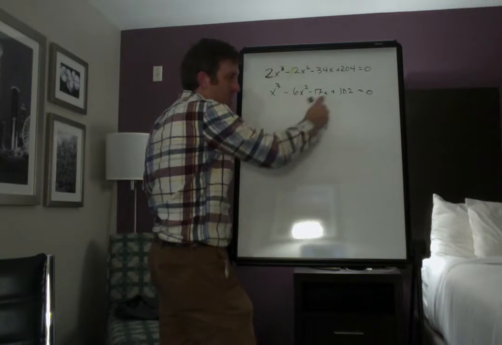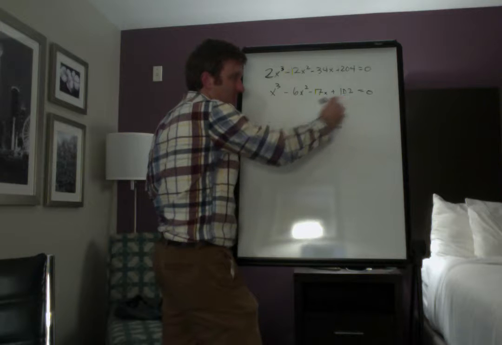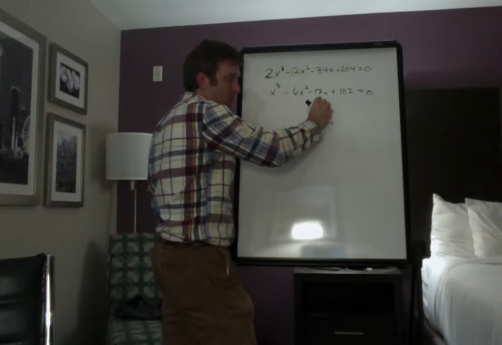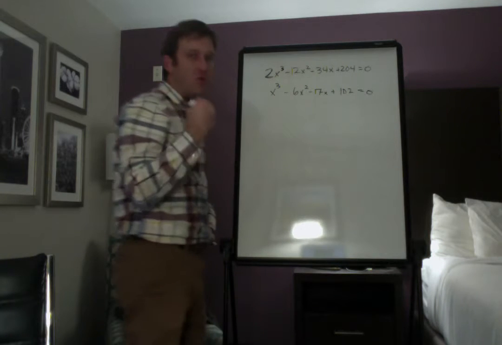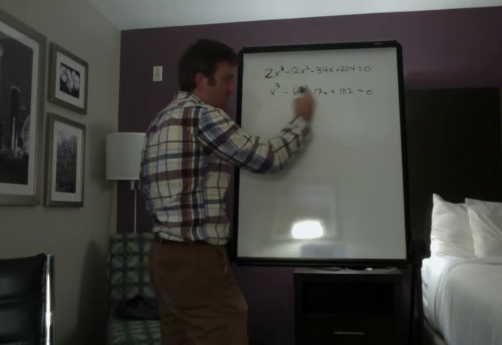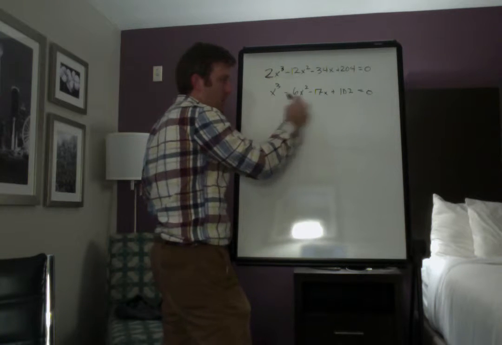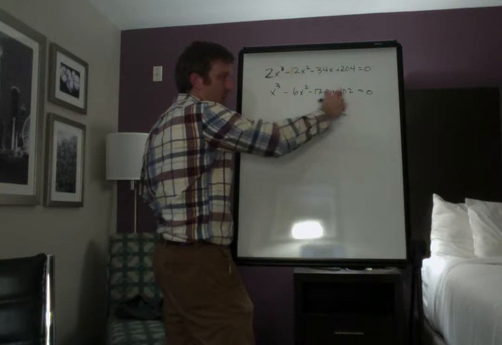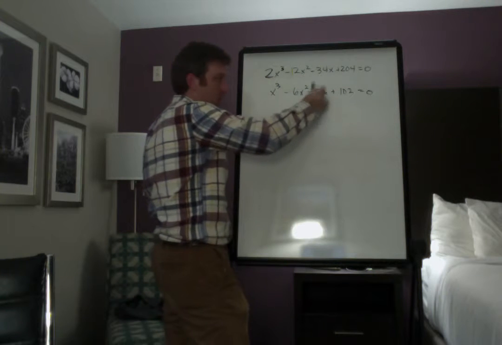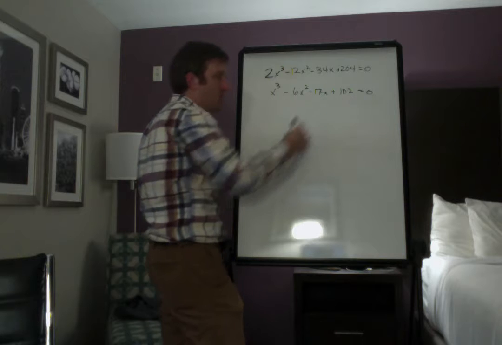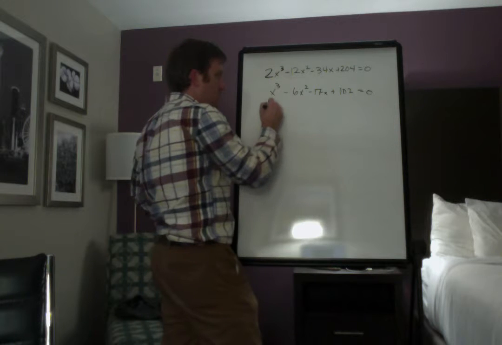Well, 17 times 6 is 60 plus 42. That's 102. So sure enough, I have a 1 to 6, 1 to 6. Now notice I want my 1 to be positive, my 6 to be negative. So I'm going to factor the negative out of these two. And it'll make the 17x positive and the 102 negative. So here's how it's going to look.